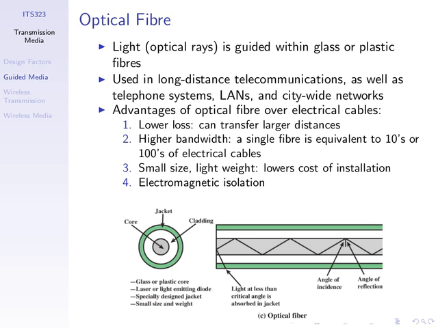Generally, for the same amount of data rate, the cabling is much smaller in size and lighter in weight. And that's very useful when deploying them through buildings and so on. Rather than having to use a large group of electrical cables to connect between two cities, you can have a much smaller cabling system using optical fibre.